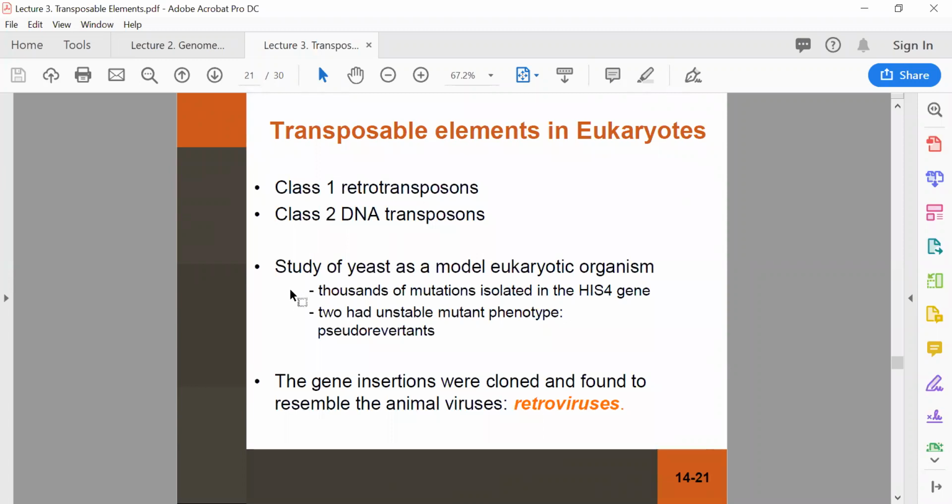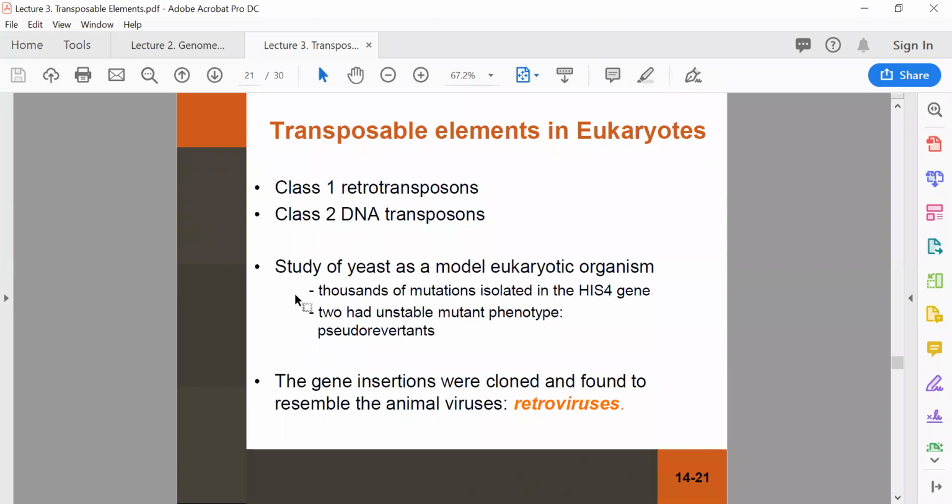And these yeast researchers were actually studying gene regulation of this gene here, the His4 gene. And the His4 gene, if you're interested, encodes the amino acid called histidine. The researchers isolated over 1,500 mutations in this gene, in different yeast cells, of course.